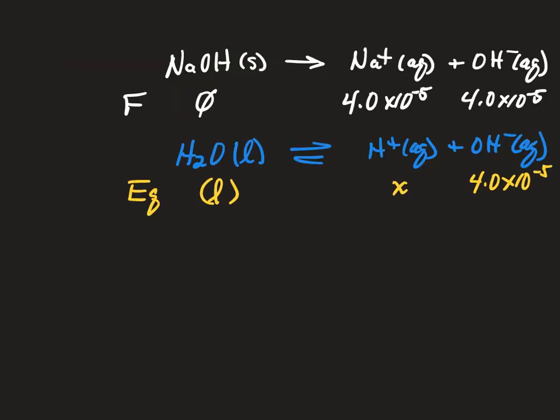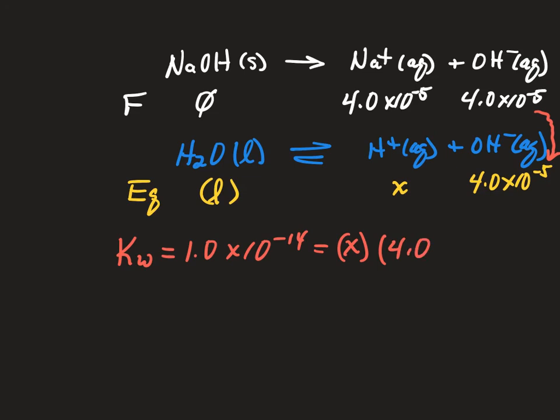So here is our ending point from the last slide. We still had our 4.0 times 10 to the minus 5 molar hydroxide ion from our original dissociation. That affected our initial concentration. And so if we solve for this, our Kw is 1.0 times 10 to the minus 14th. That's going to be equal to the hydrogen ion concentration, which is going to be x, times our hydroxide ion concentration, which is 4.0 times 10 to the minus 5.